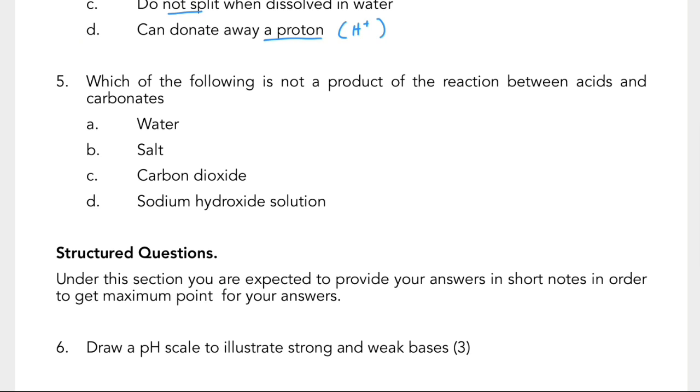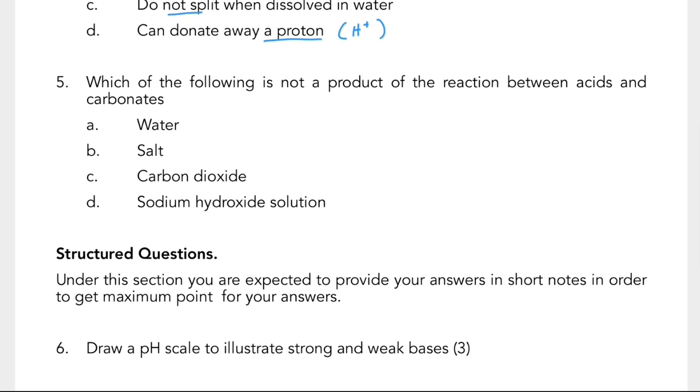Then we look at number 5. Which of the following is not a product of the reaction between acids and carbonates? So we want to know the reaction between acids and carbonates. So let's just take an example. Let's say we react HCl, which is an acid, plus a carbonate.